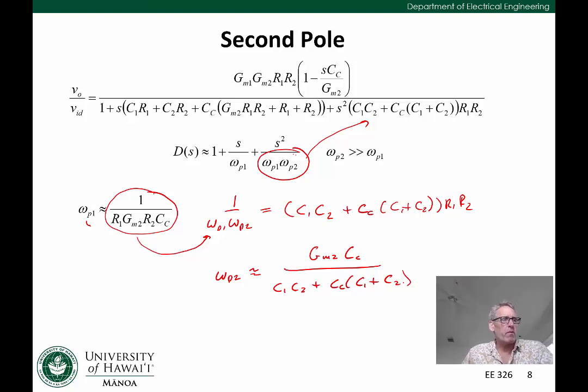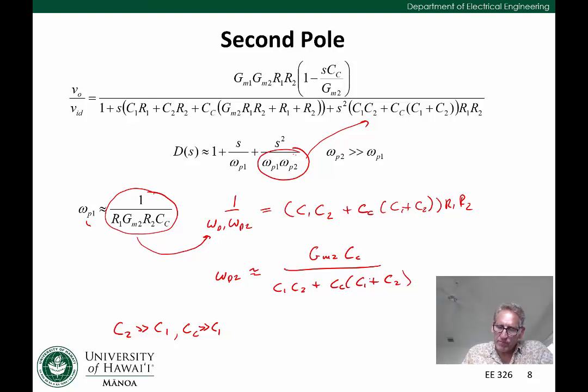But let's make some further approximations. Let's assume C2 is much, much greater than C1. Remember, C2 is going to include a load capacitance, so this is generally a safe assumption. Now let's also assume that CC is much, much greater than C1. We're saying the compensation capacitor is going to be much greater than the parasitic capacitances at that first internal node. Again, a reasonable approximation.